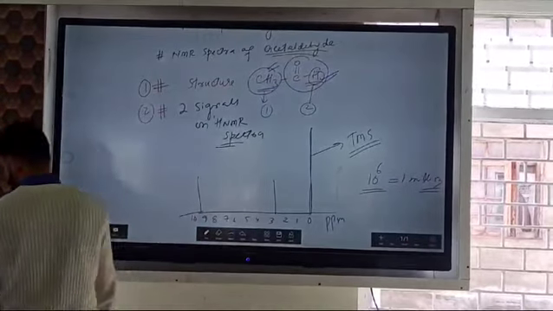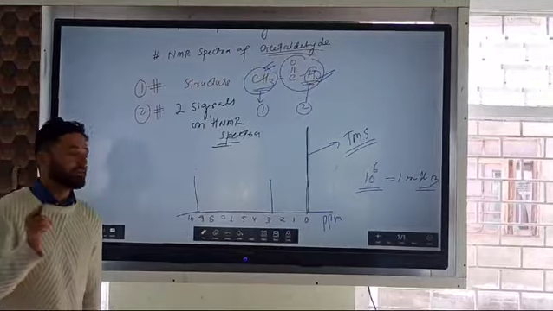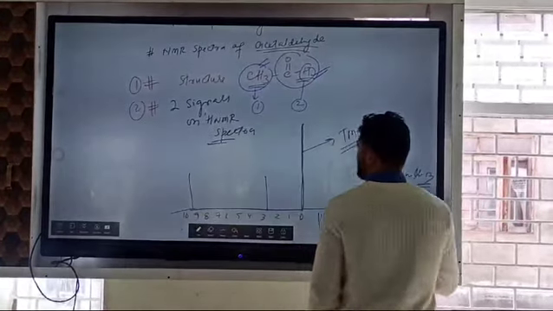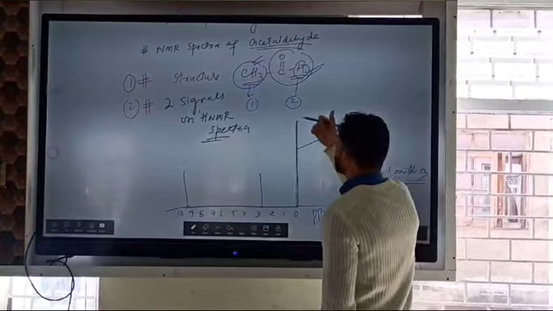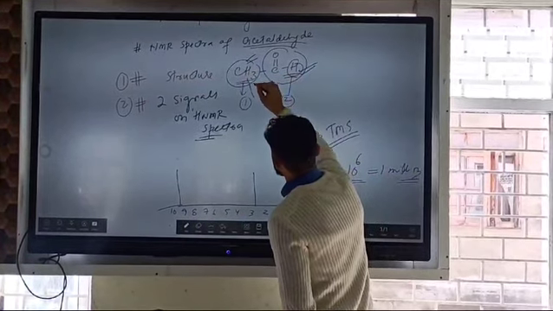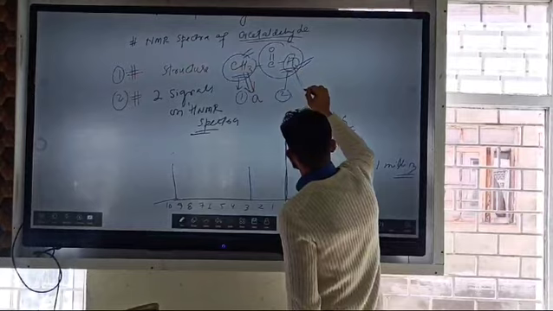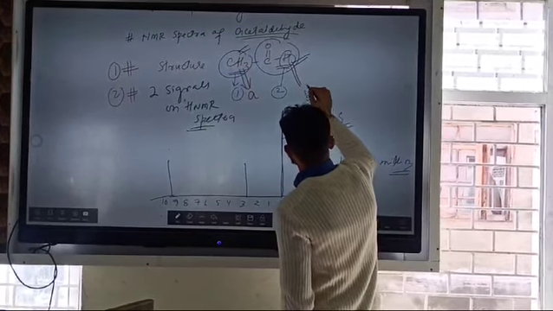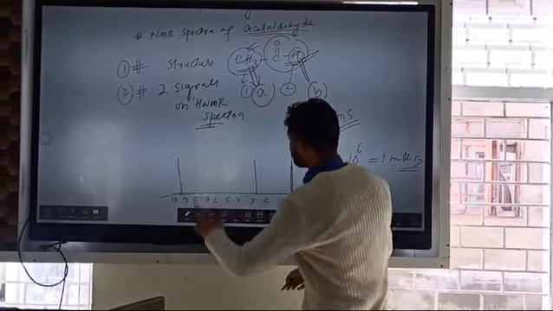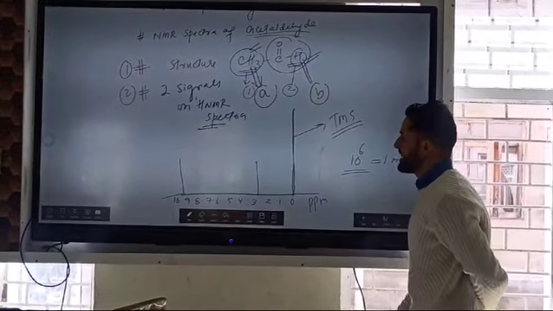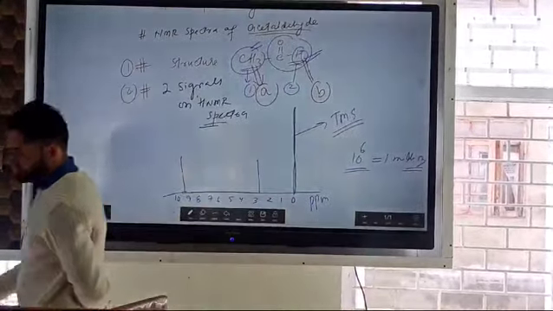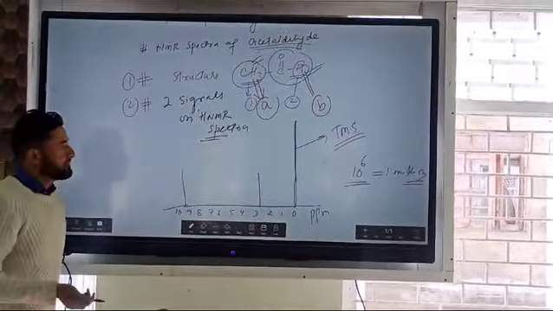Right? So now you need to tell me which peak would be for the methyl proton. If I label the methyl protons as proton A and the other proton as proton B, which would be proton A? Yes, the methyl proton.